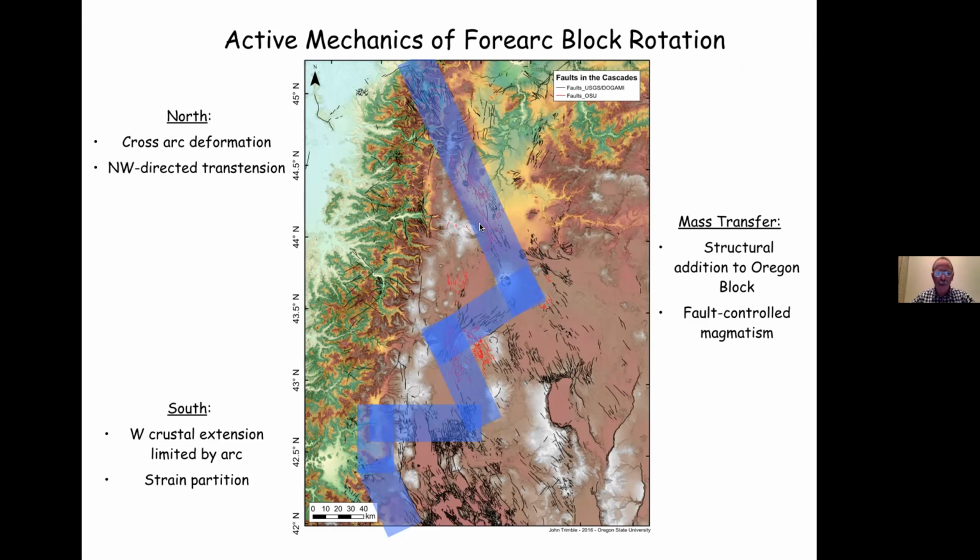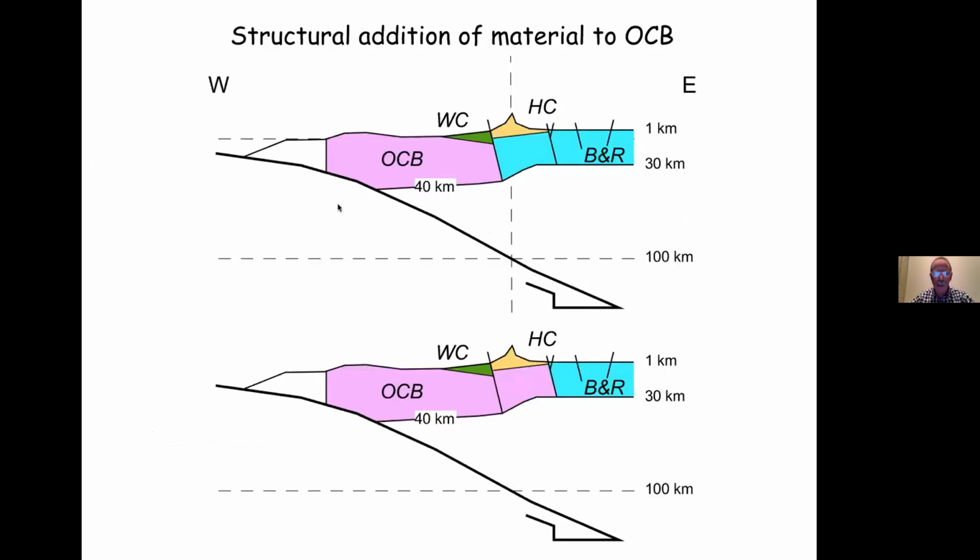If you look in cross-section then, if you're in the south, what the cross-section might look like is the Juan de Fuca plate coming underneath North American plate, the Oregon coast block, the forearc block, moving westward, northwestward with respect to the arc and the back arc and separating at the arc itself.